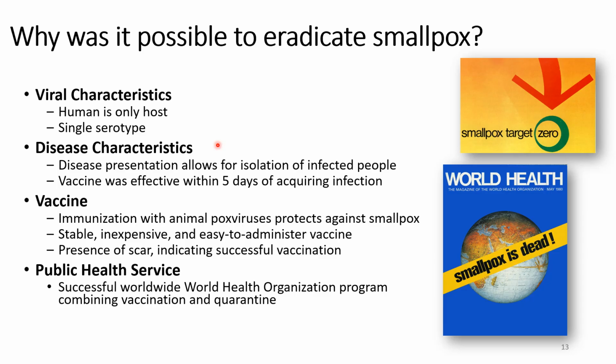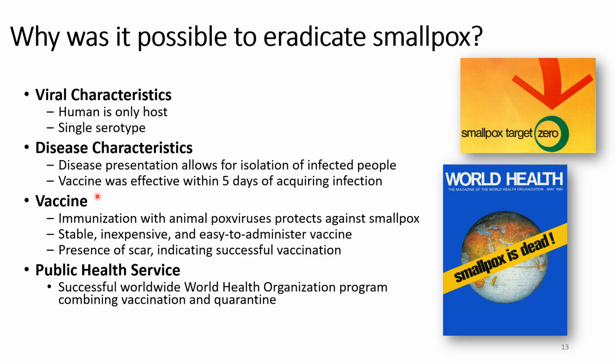Those who are infected have this really clear rash, and this is when they are infectious, and thus it was possible to quickly isolate these people, preventing them from further infecting others. Also, the vaccine was effective within 5 days of acquiring the infection. So even if somebody was exposed to the disease, if they get vaccinated, they will be protected and will not develop these pockmarks.